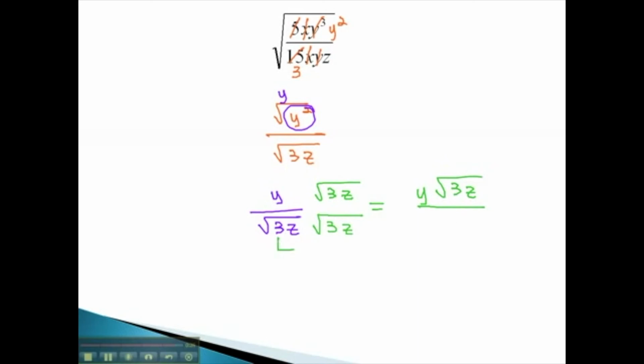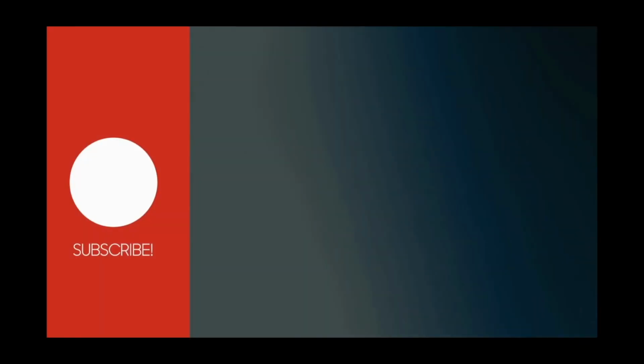In the denominator, we have 3 squared, which comes out as a 3, and z squared, which comes out as a z. There is now nothing left in the radical, and we have just 3z in the denominator. By clearing the radical out of the denominator, we get our final simplified solution.